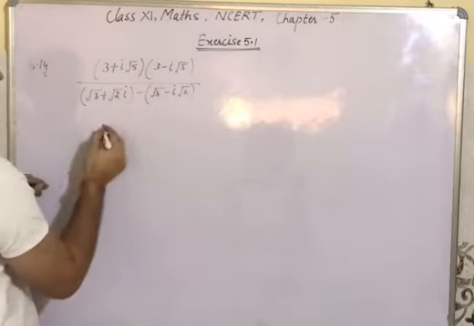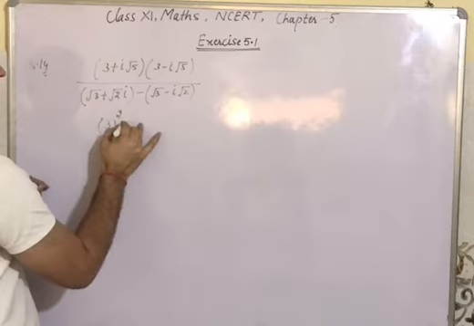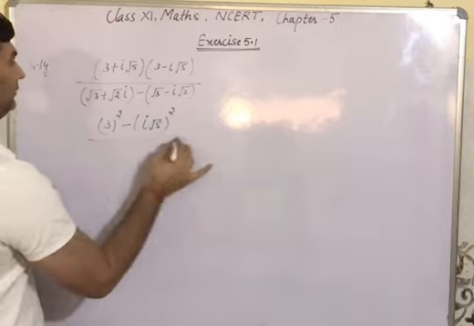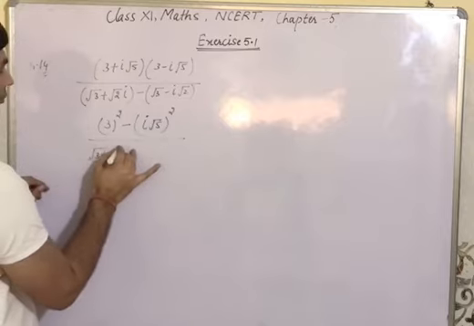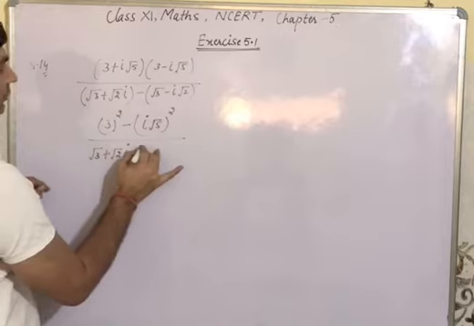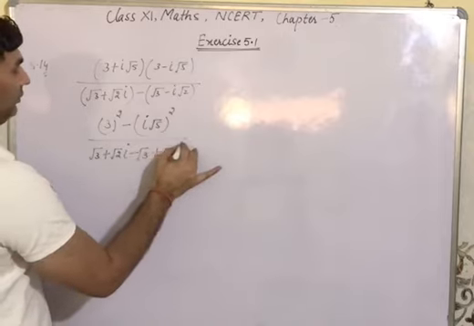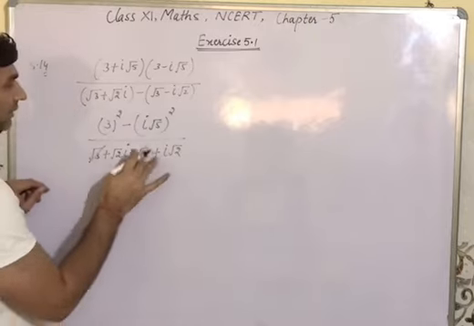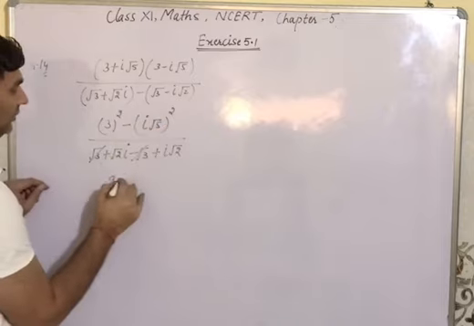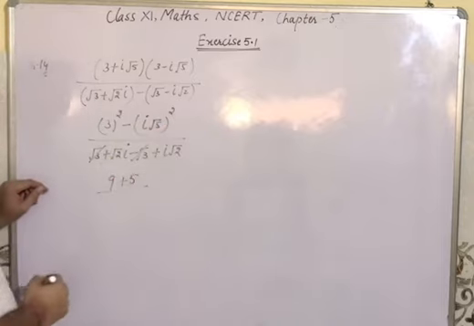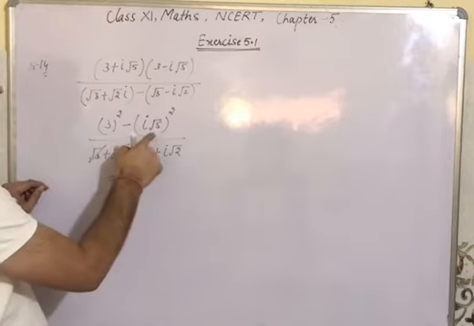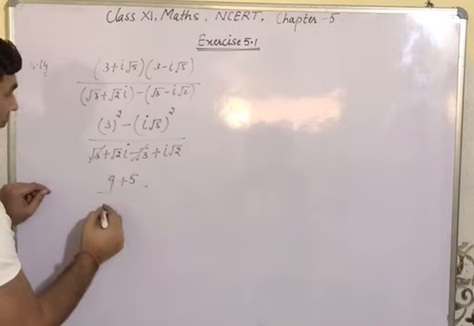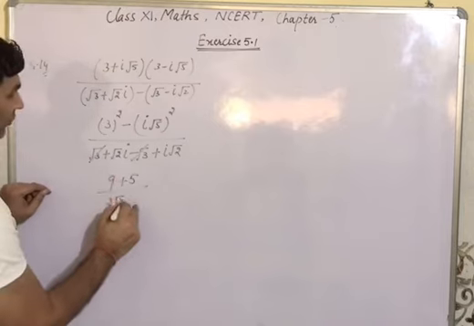Using the formula (a + b)(a − b), 3 square minus (i root 5) square, and root 3 + root 2 i minus root 3 plus i root 2. This cancels out to this, and then 9, and 5 i square is −5, so plus 5, and root 2 i.